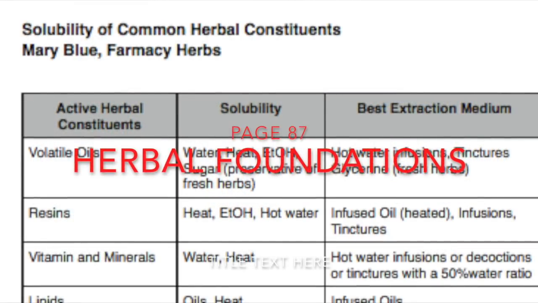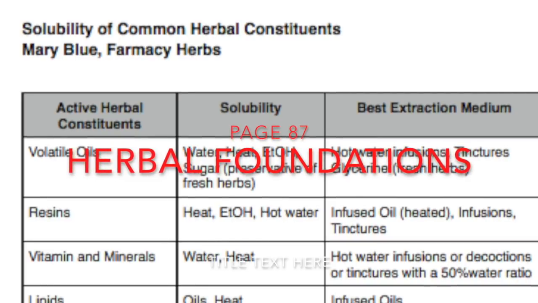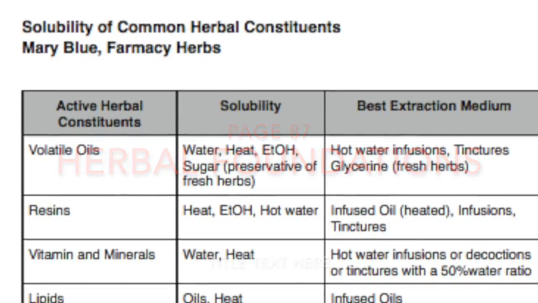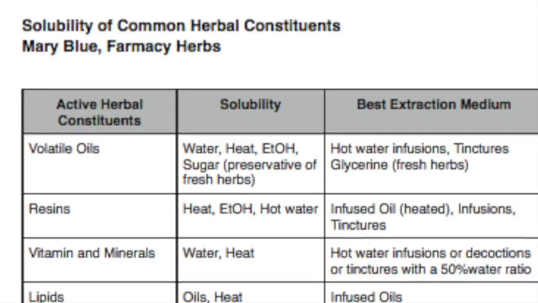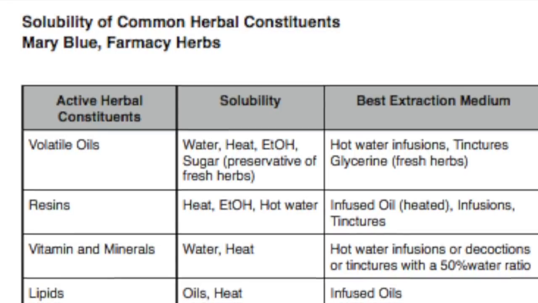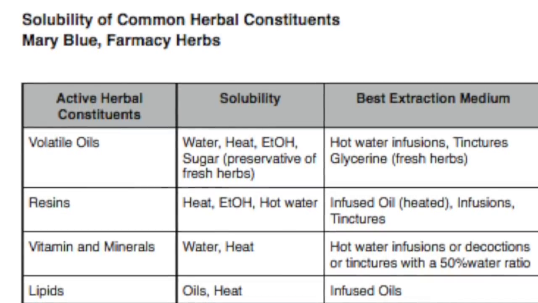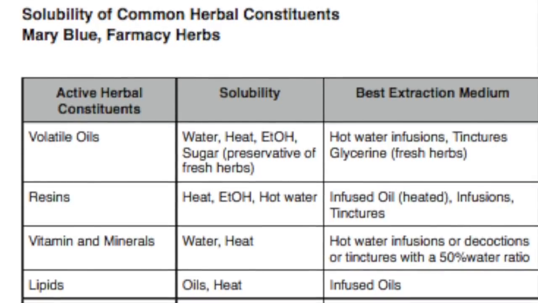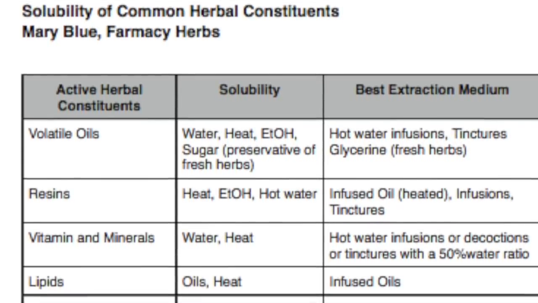On page 87 of my Herbal Foundations book, I have a chart of common herbal constituents, solvents, and their best extraction methods. So you'll notice in the solubility chart, pretty much heat is going to be in almost all of these methods.